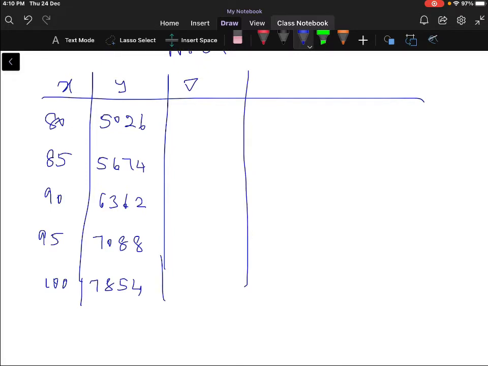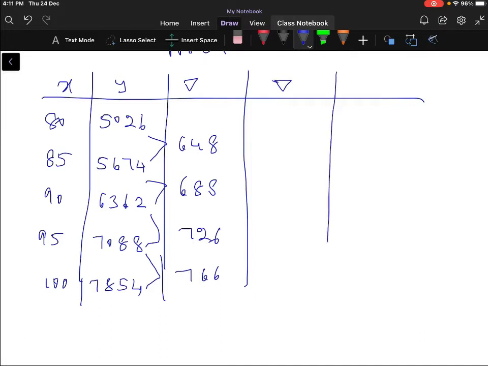Let us construct the first backward differences. 5674 minus 5026 is 648. 6362 minus 5674 is 688. 7088 minus 6362 is 726. 7854 minus 7088 is 766.